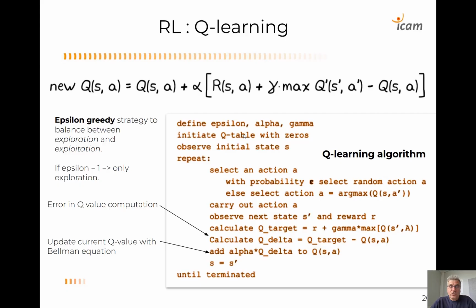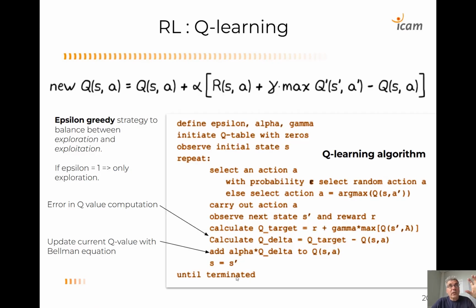Then we define a Q table. A Q table has actions as rows and states as columns. And we put a 0 for each initial value in this Q table. And we start with the state S. We observe the initial state S. Then we will repeat until we decide to stop.